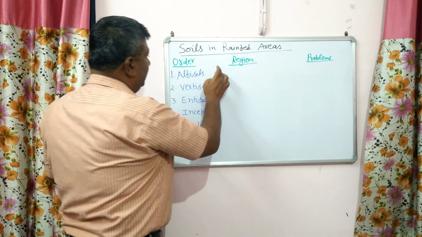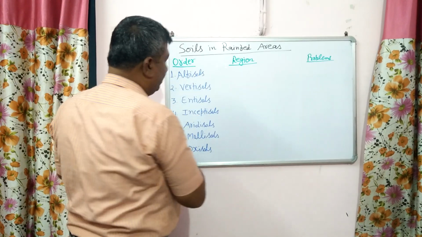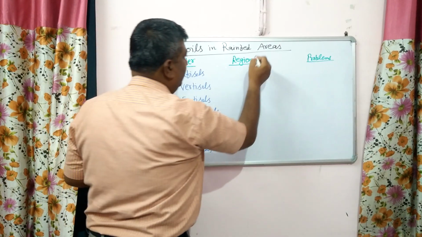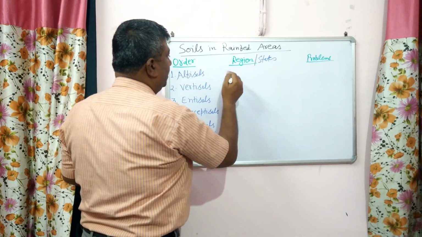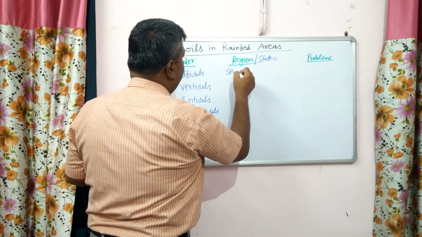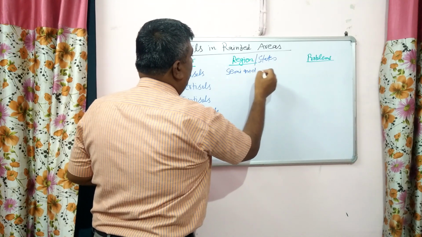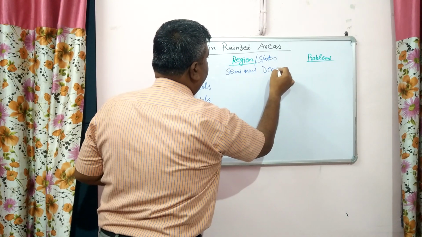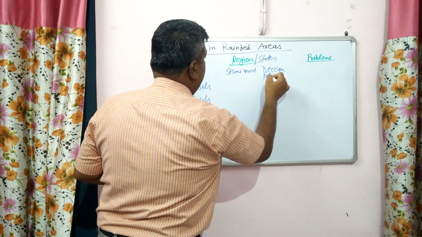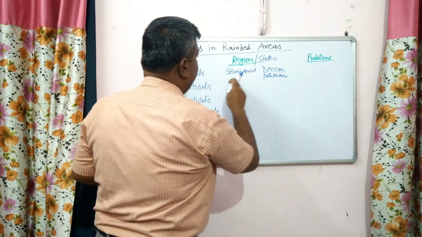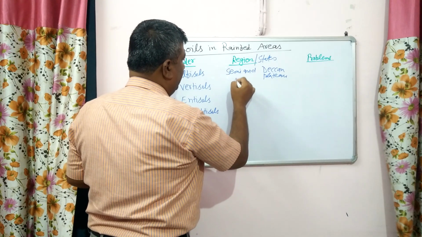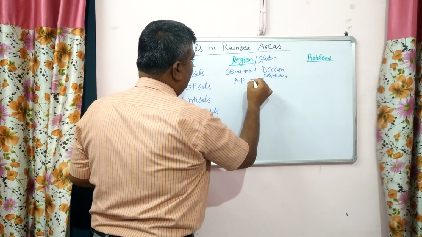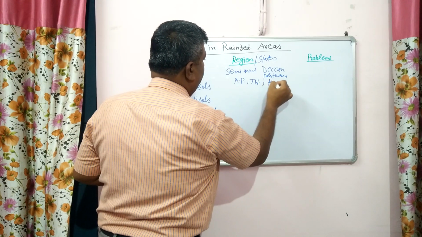And in which states do these occur in our country? These alfisols occur in the semi-arid area of the Deccan Plateau, in Andhra Pradesh, Tamil Nadu and Karnataka.